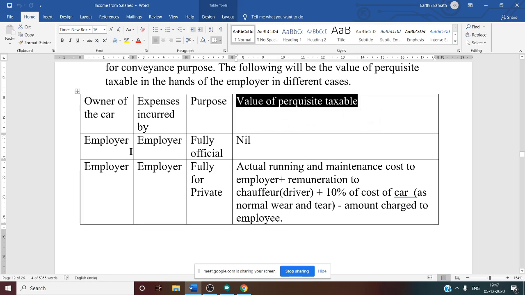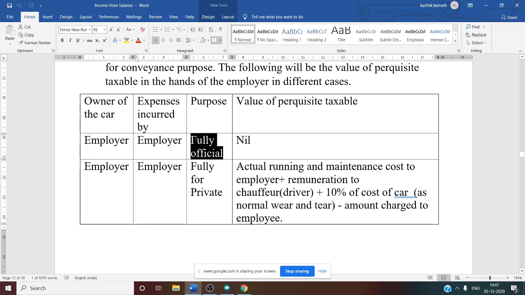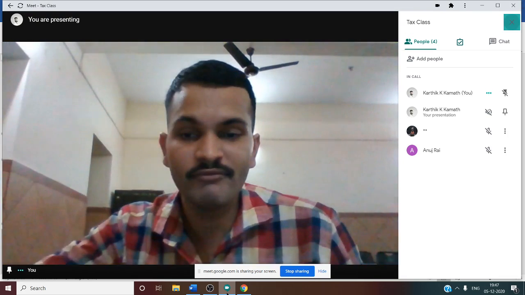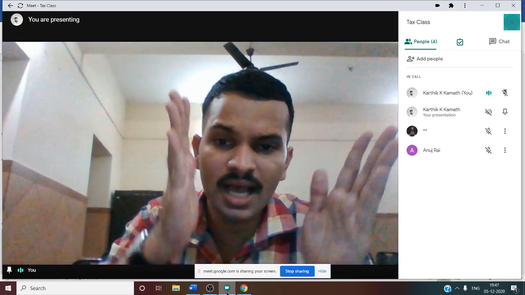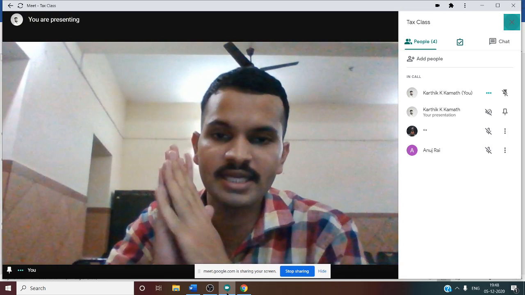Now the first case: the owner of the car is the employer, and expenses are incurred by the employer. The owner is the employer, and the maintenance is also paid by the employer. The purpose is only official, meaning the entire thing is for official purpose. Under the taxation system, whenever the entire use is for official purpose, there is no tax.